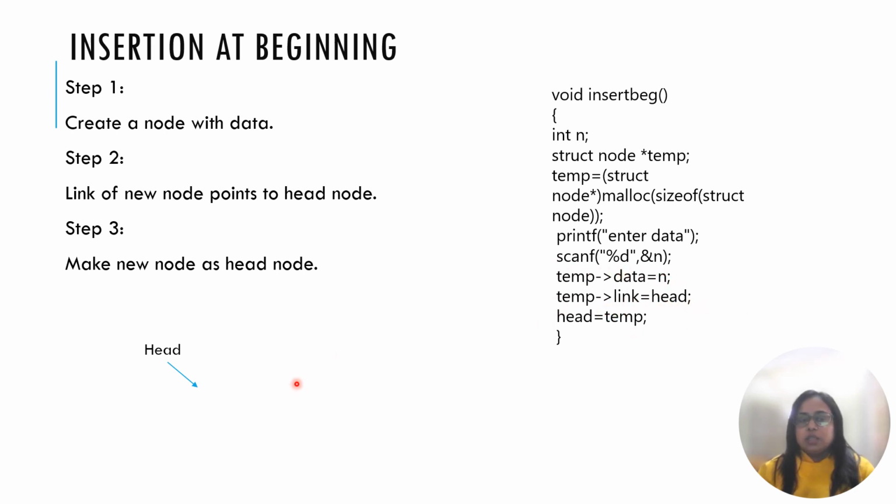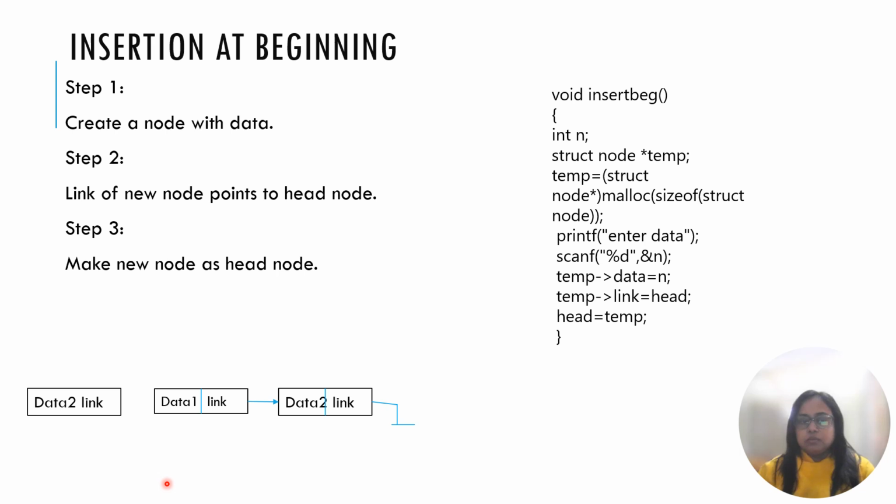Now as this will be our first node, suppose this is the list, and here this is our new node, and now this temp link will be head, this is our head.